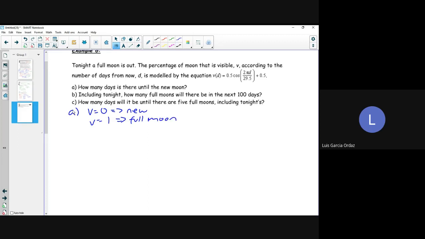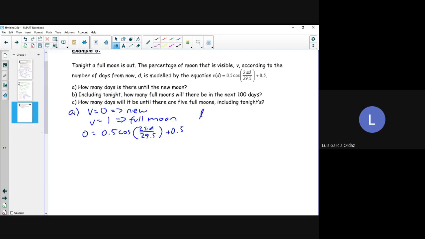So we want to figure out how many days until there is a new moon. So we have to set V of D equal to 0. So you get 0 is equal to 0.5 cos of 2 pi D over 29.5 plus 0.5. We need a let statement because it's going to be very difficult to simplify 2 pi D over 29.5.